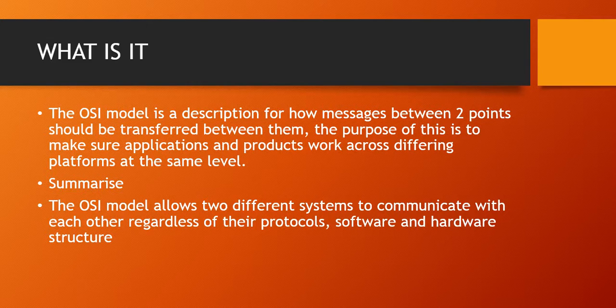What this means is, say you've got one computer that's running the Linux operating system and one computer that's running the Windows operating system. The OSI model is a structure which allows those two computers to interact with each other as if both operating systems were the same, so that no matter whether there's a difference in software, hardware or protocols, the performance between the two will be the same.